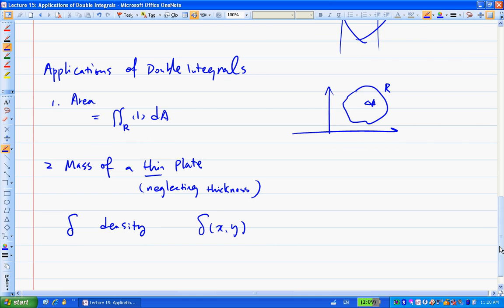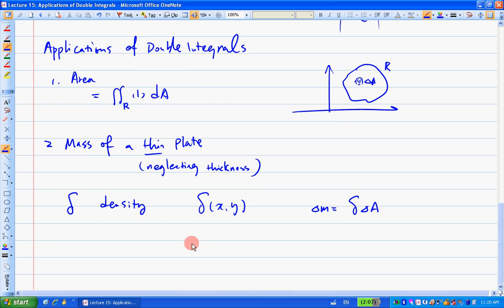And to calculate the mass, what you do is select a very small area, then the delta m is equal to this delta multiplied by delta A. So that's the small mass for the small area. Then you add all this up, you get the total mass, right? And when you add them up, you end up with a double integral.